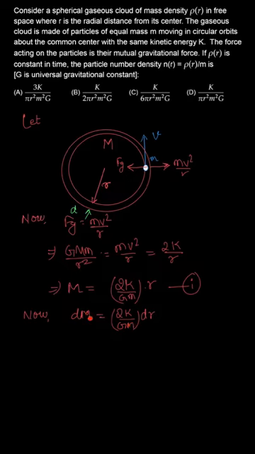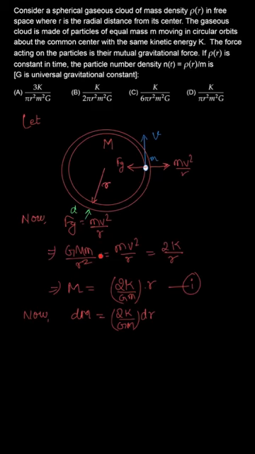Now how do we calculate that dM? Take another thin spherical shell having thickness dr. This is the radius r, and we go a small distance dr and consider a thin spherical shell. The mass associated with this thin shell is the small mass dM, because M is the mass of the spherical gaseous cloud of radius r, so dM is the small additional amount we are adding over it.